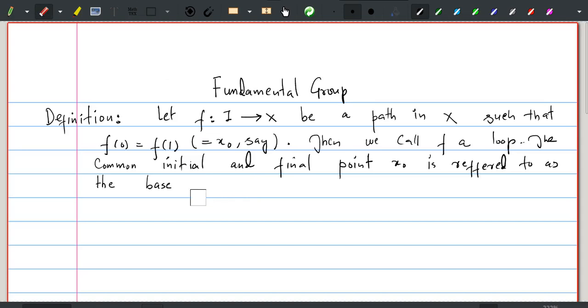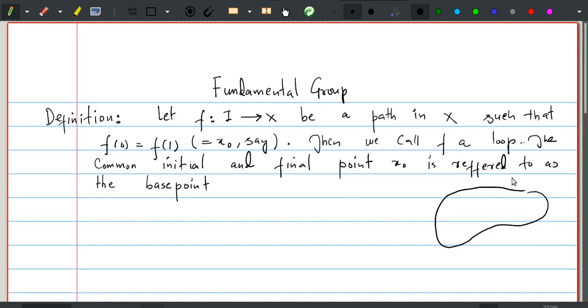Let us illustrate this. Suppose this space X has a hole here, say this is the hole in the space. Now let us consider a path.